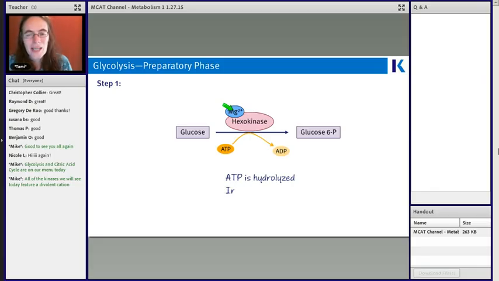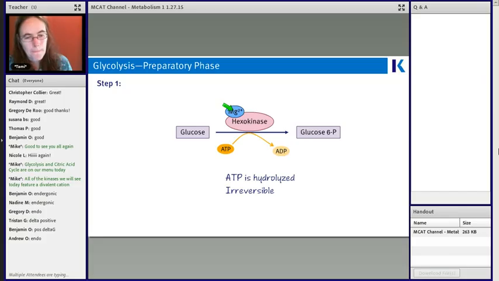Then, here's the deal. This is irreversible. Tell me what that means about the type of reaction. Is it exergonic or endergonic? And tell me about my delta G. It's actually negative.